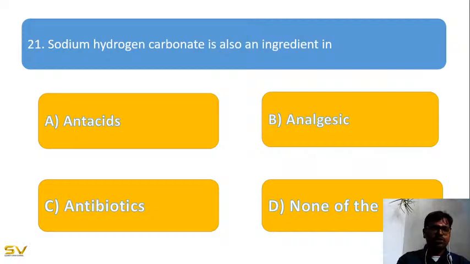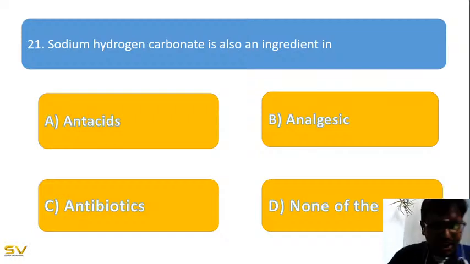So you can easily identify the answer even though the topic is not covered for you. Among the four, choosing the correct one by elimination is also helpful for you. Option D may not be it, and the others are analgesic, antibiotics and antacids.